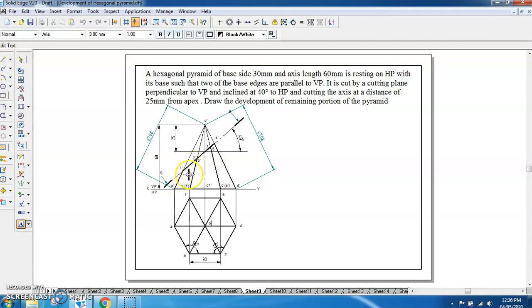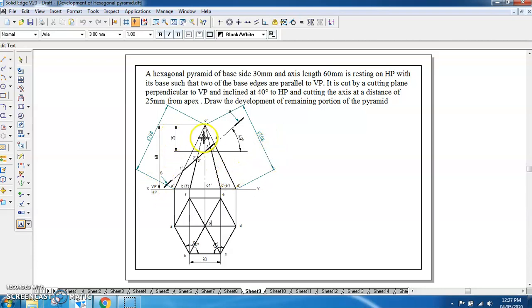If you guess them right, it is AO and DO. So AO and DO are parallel to the vertical plane. That's why their projection, or views, on the vertical plane will represent their true length. So the true length measured here is 67.08. If you measure on this side also, DO is the same.